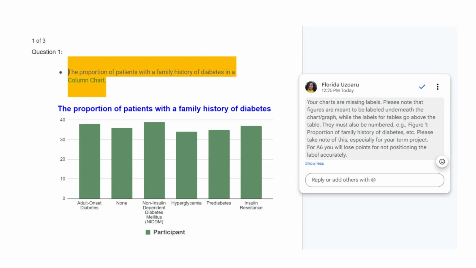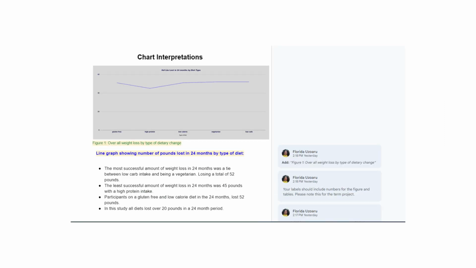I went ahead and made a correction to one of the students, whereby you saw me change that up. You see their chart, and then this is my suggestion: figure one, overall weight loss by type of dietary change. What she had initially was line chart showing number of pounds lost in 24 months by type of diet, right?